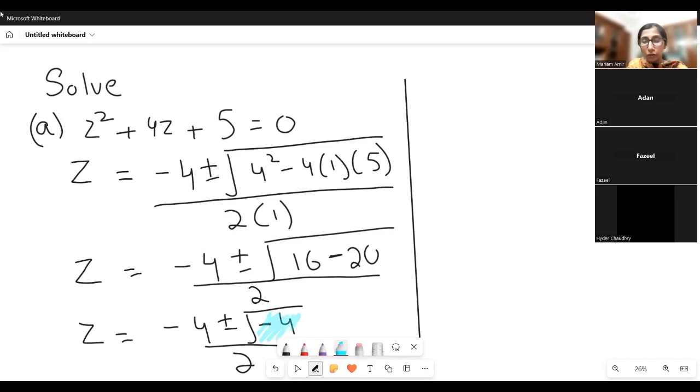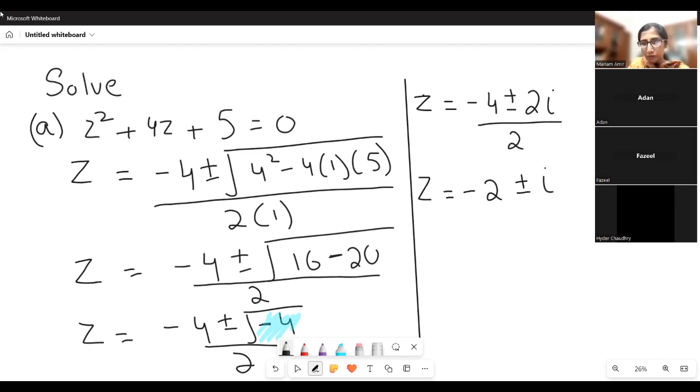Square root of -4 is 2 iota. So we have z equals -4 plus minus 2 iota upon 2. So z equals -2 plus minus iota are the complex roots of this quadratic equation.